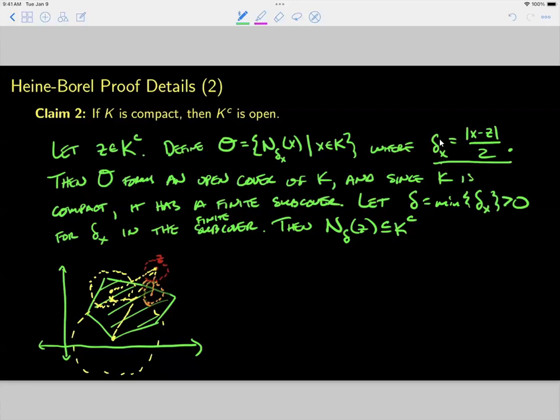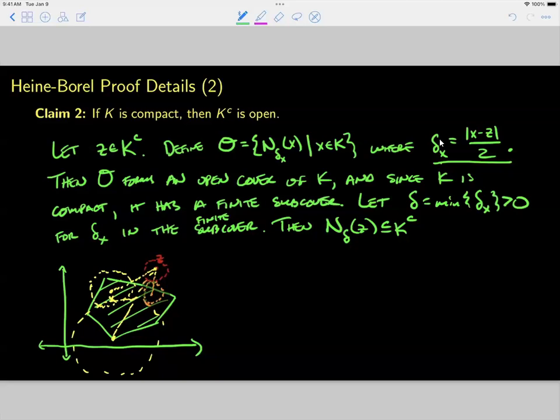And the way you know that is that you know that these sets form a cover of K. It's a finite subcover, but it's still a cover of K. So this set has to then be entirely in K complement. And now you've defined a neighborhood around Z that lies entirely within K complement.